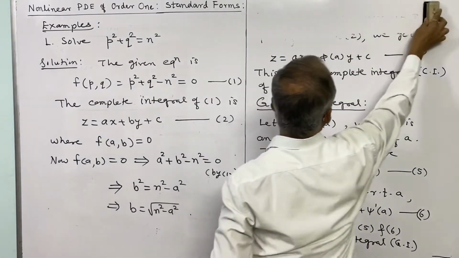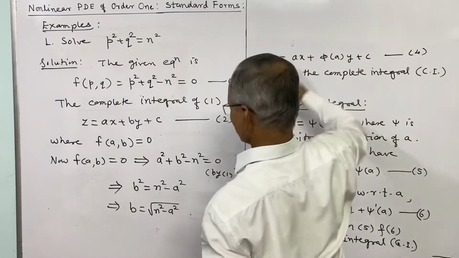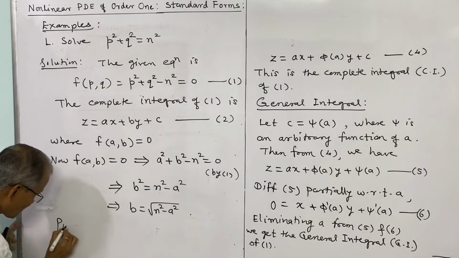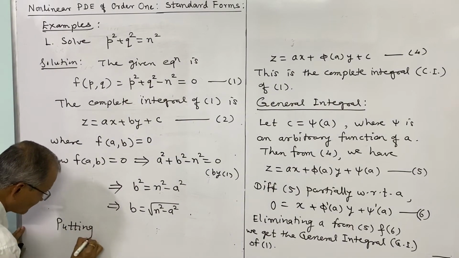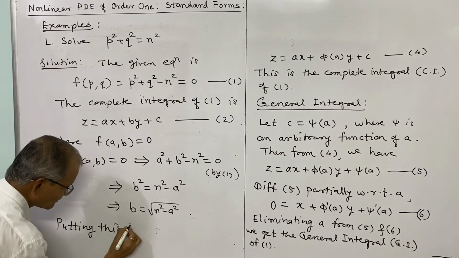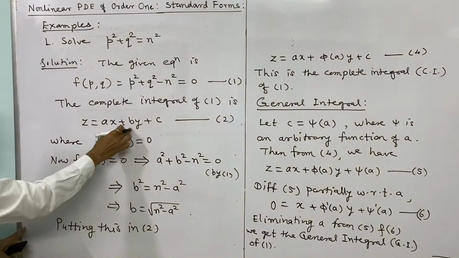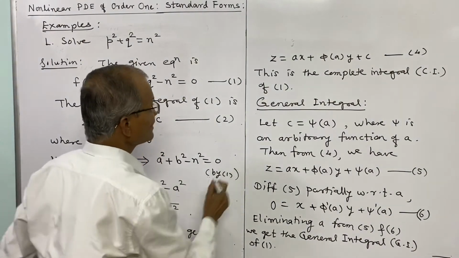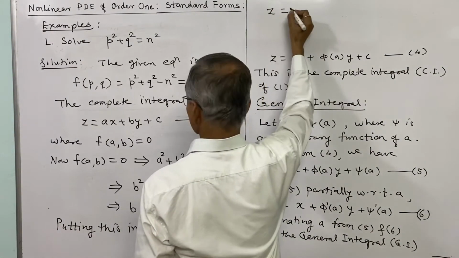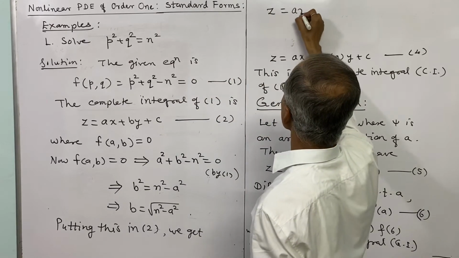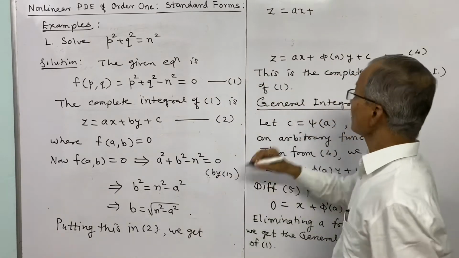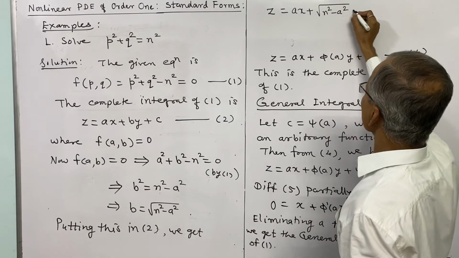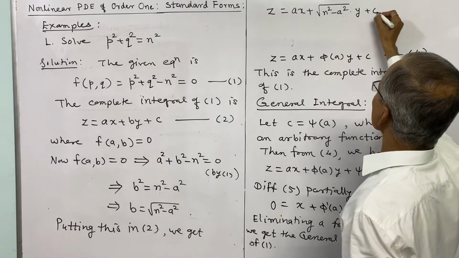So that is, putting this in 2, or insert this value in 2, we get z is equal to a into x plus b, which is root of n square minus a square, into y, plus c.